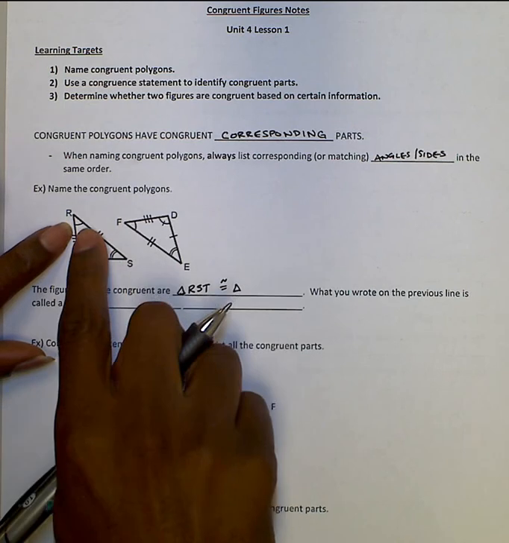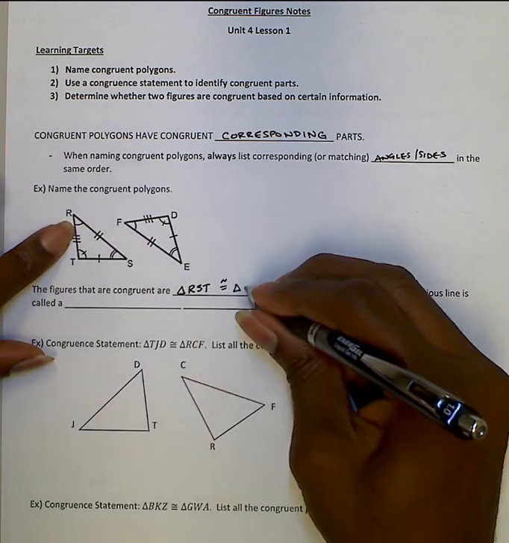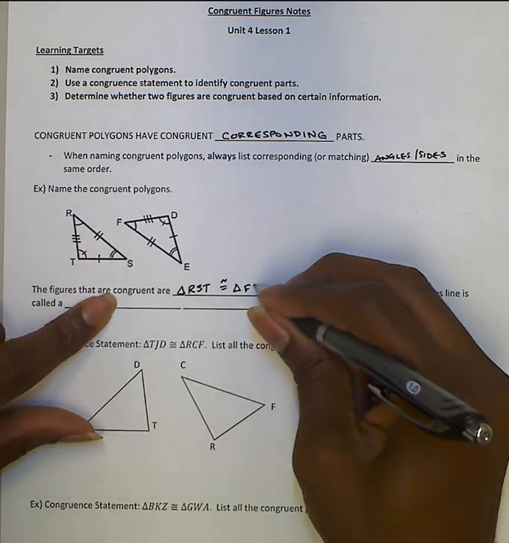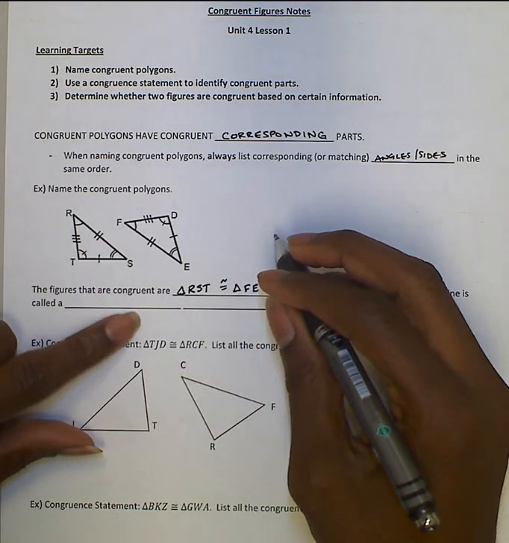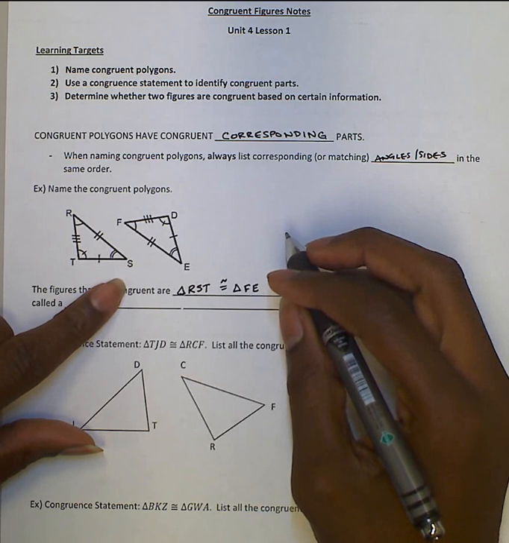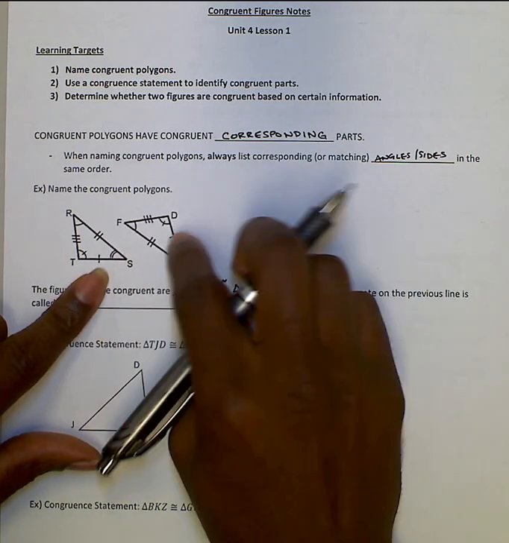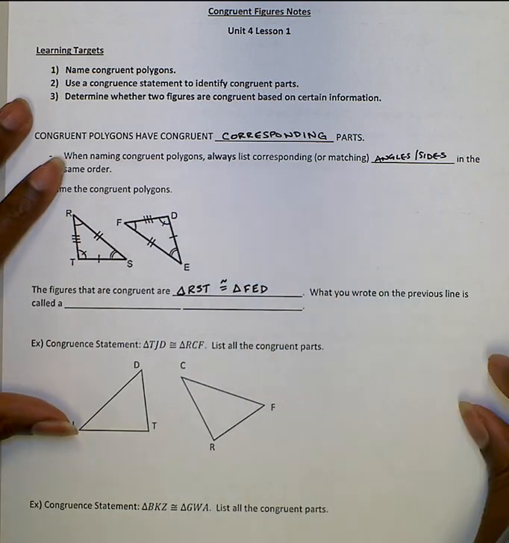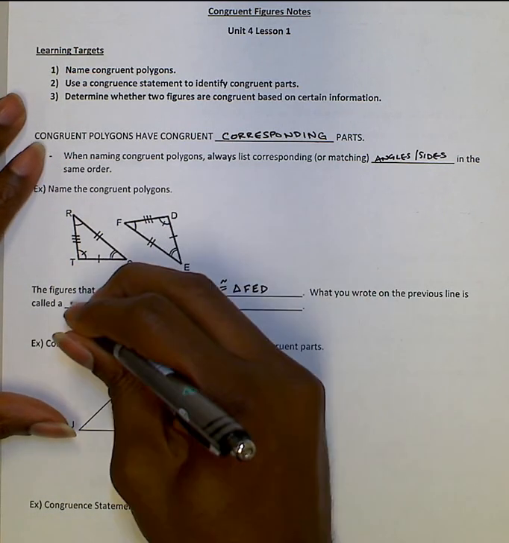R has one arc, F has one arc, so I know that those match. S has two, E has two, so I know that those match. Did I do that right? F, E, D. Okay, and then D has an arc and a dash, and T has an arc and a dash in it. Now this is called a congruence statement.